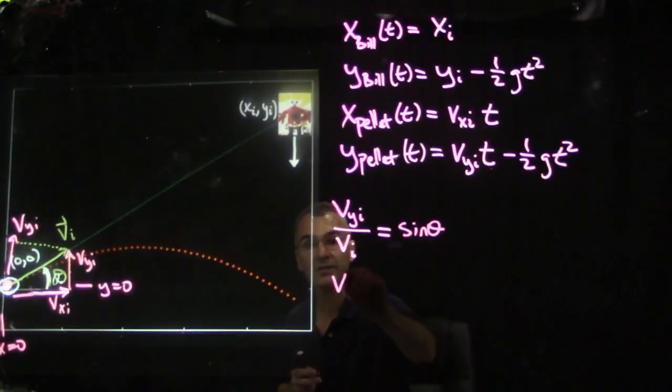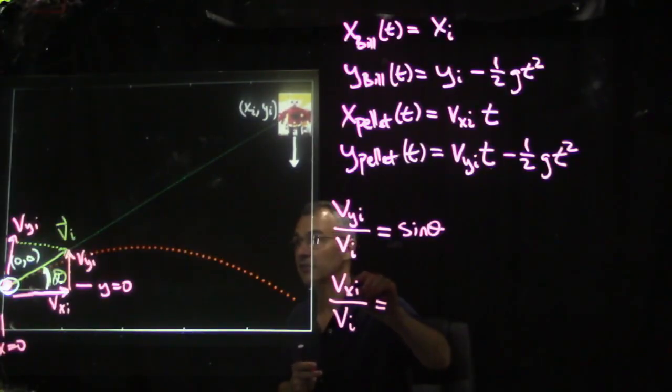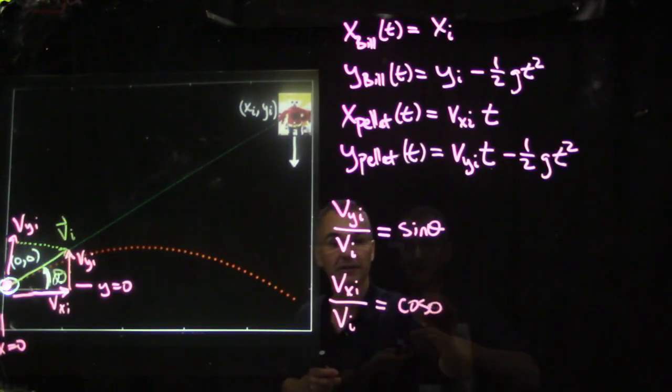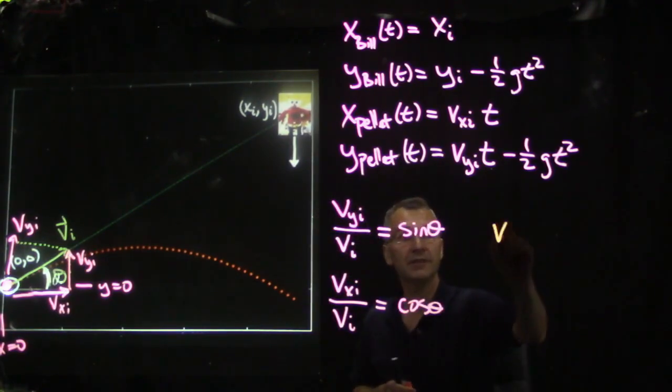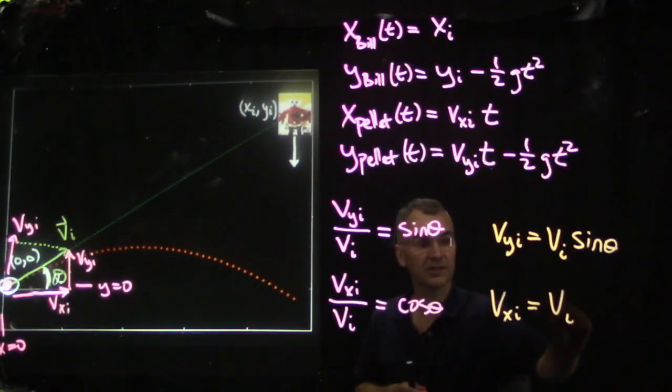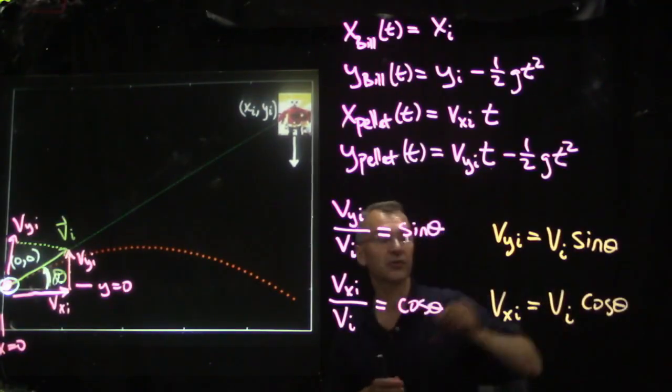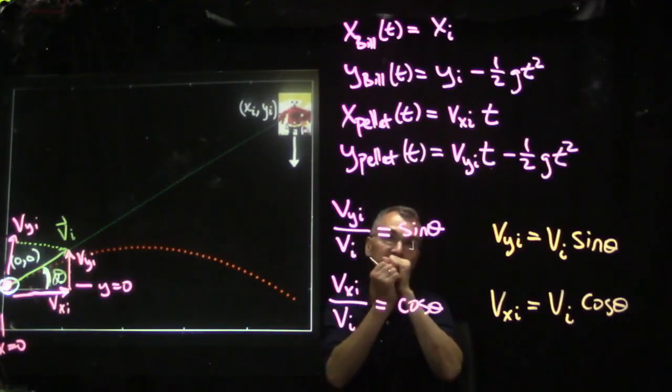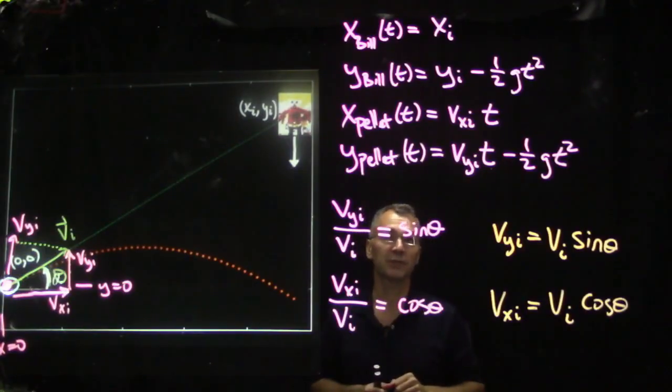And we can say that vx initial divided by v initial is adjacent over hypotenuse. So that is cosine. So then we can write that vy initial is v initial, just the initial speed, sine theta, and vx initial is v initial cosine theta. This v initial is just the speed, which will depend on how hard I blow into the little tube that propels the pellet.